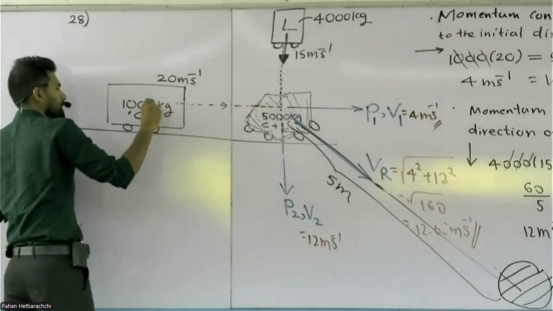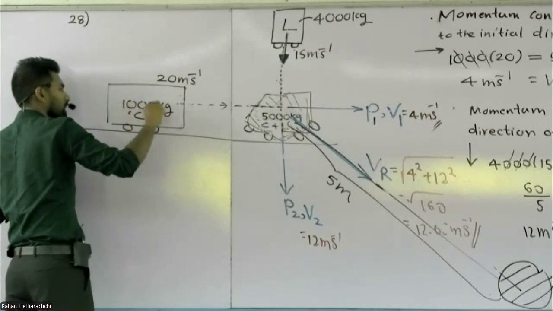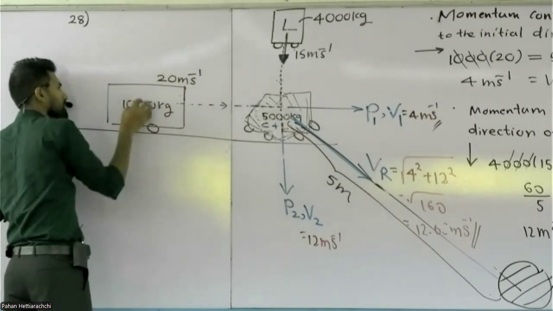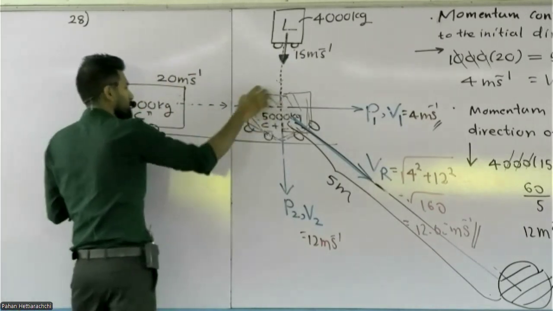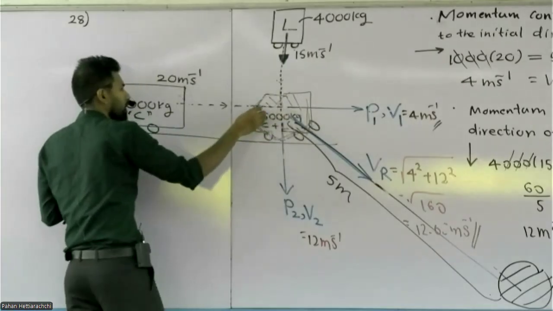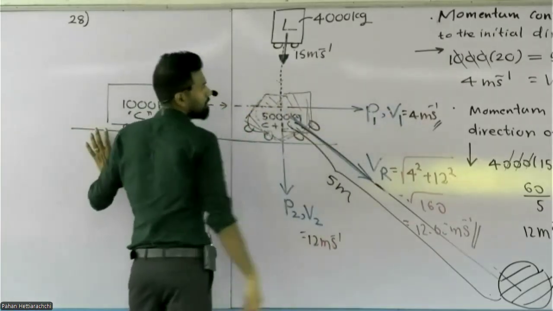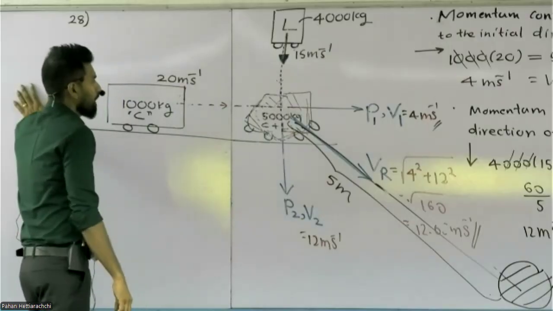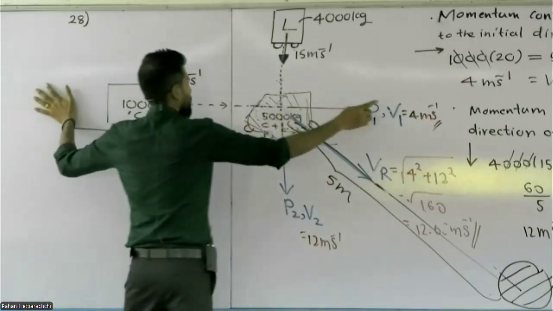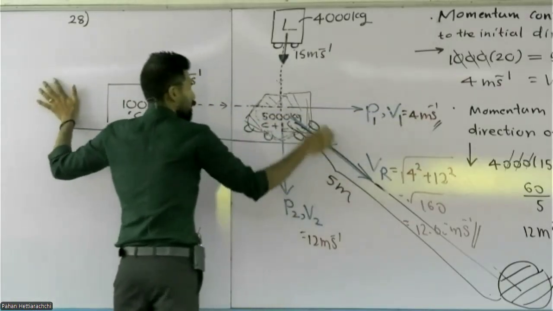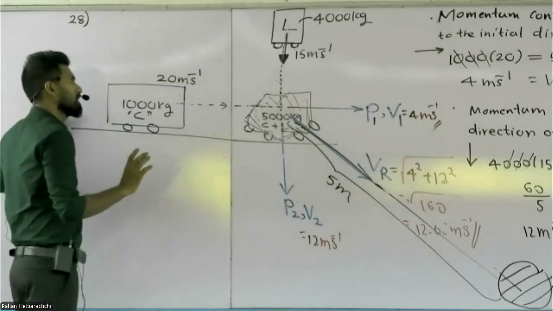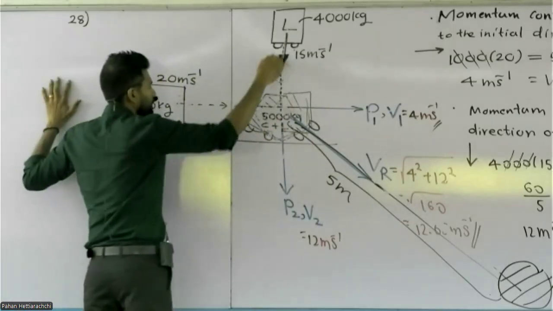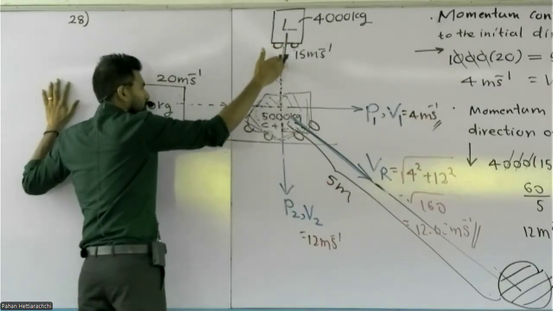Okay, I'm applying momentum conservation in the initial direction of the car. 1000 into 20. After the collision, they become a combination, 5000 into V1. Simplifying it, I received a velocity value of 4. And now I'm applying linear momentum conservation in the initial direction of the lorry.